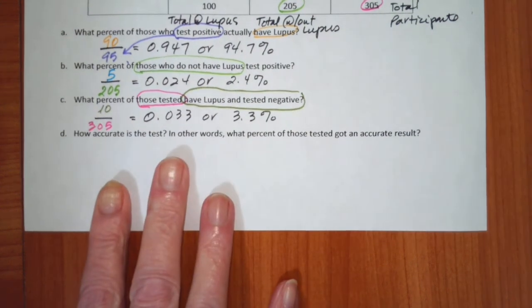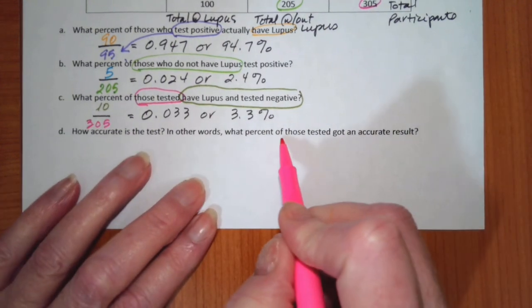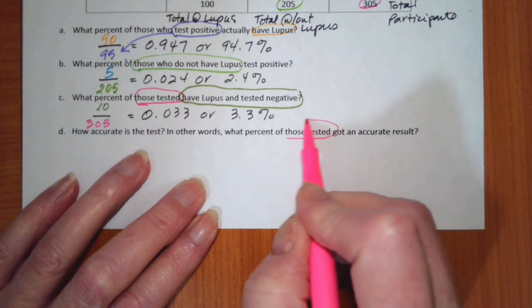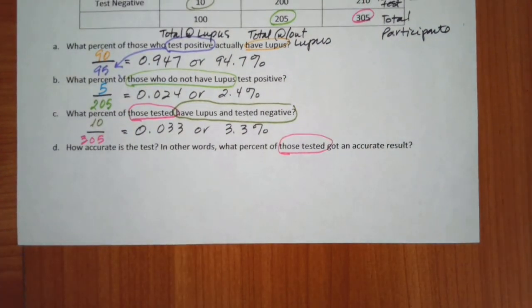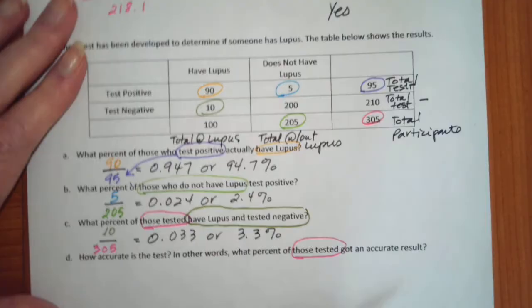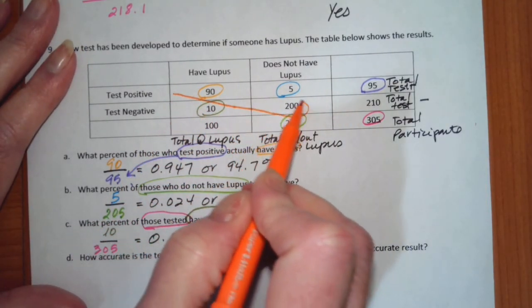Now, asking how accurate is the test, we want to know what percent of those tested got accurate results. So those tested, and then what we're looking at here is the accurate results. Remember, these are my accurate results here.